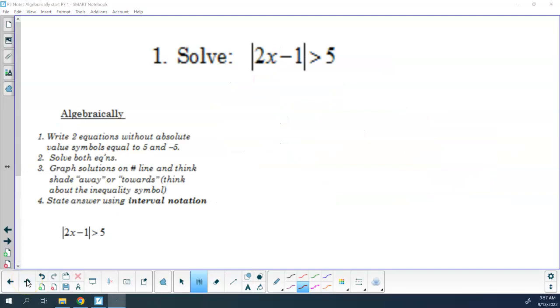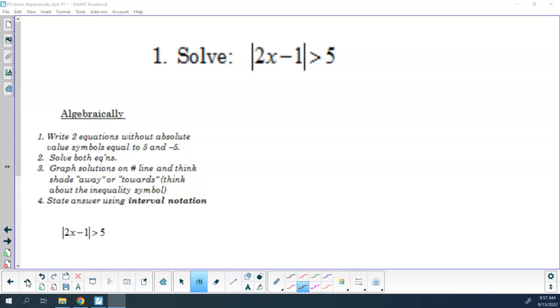All right. So, before we even start, we want the distance, right? Absolute value is distance. We want the distance to be bigger than 5, correct? Okay? So that means this one's going to be going outwards.